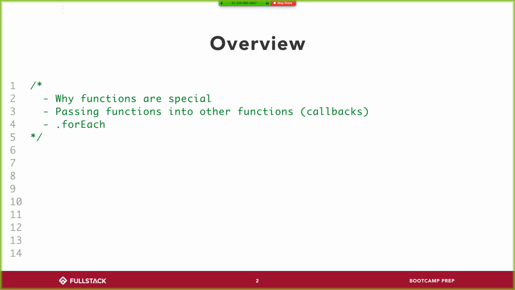So, higher order functions. Basically, functions are special because they're not special. They may seem special and different because they can be invoked and they encapsulate a bunch of code that you can reuse and call at a later point.